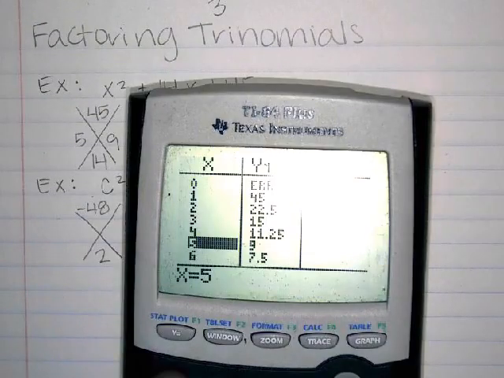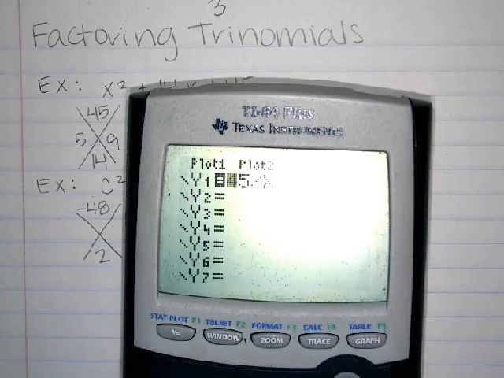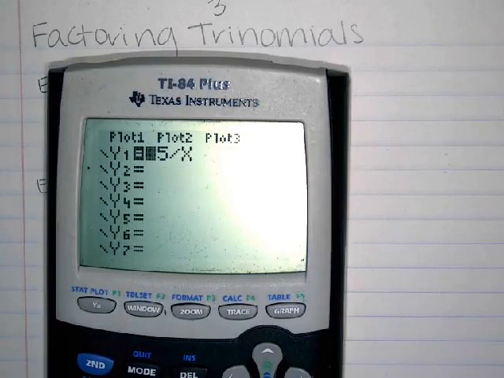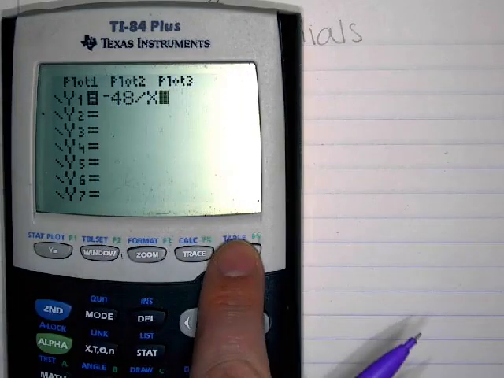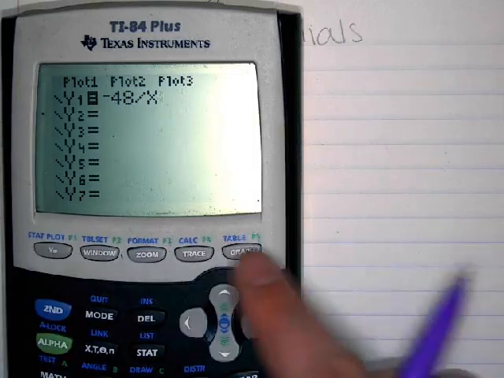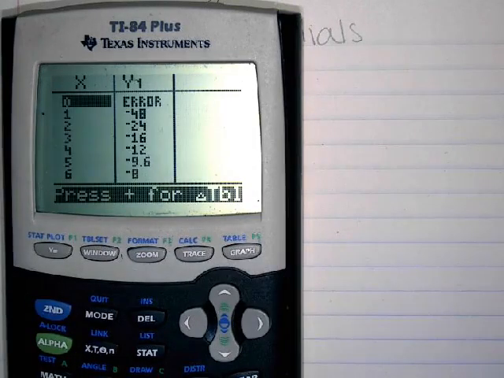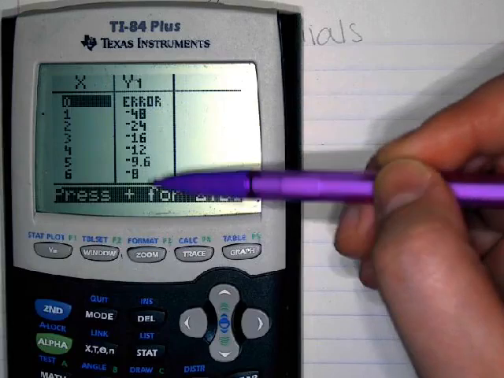So I'm going to go to the y equals button in my calculator, press that, and type in negative 48 divided by x. Then I'm going to hit second graph, and these are all of my options.